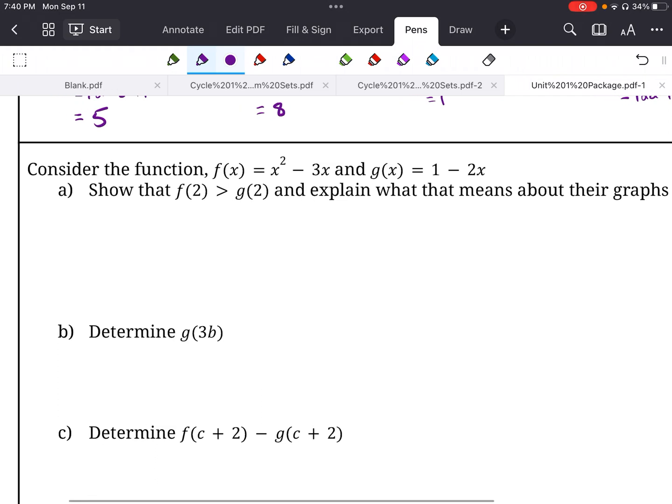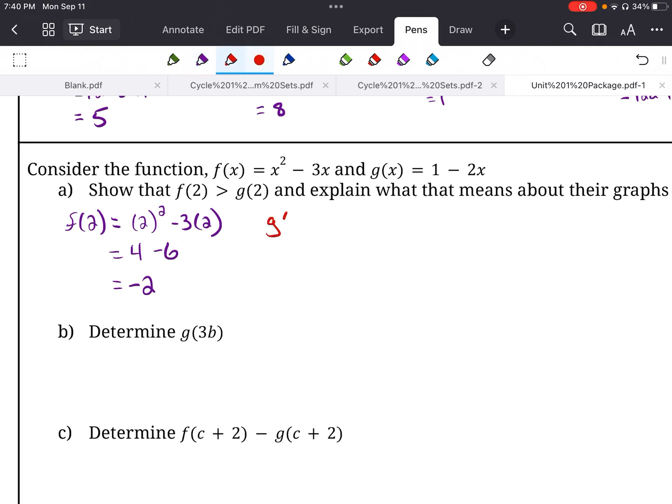So for f, we're plugging 2 into the x's, so we get 2 squared minus 3 times 2, so 4 minus 6, which is negative 2.